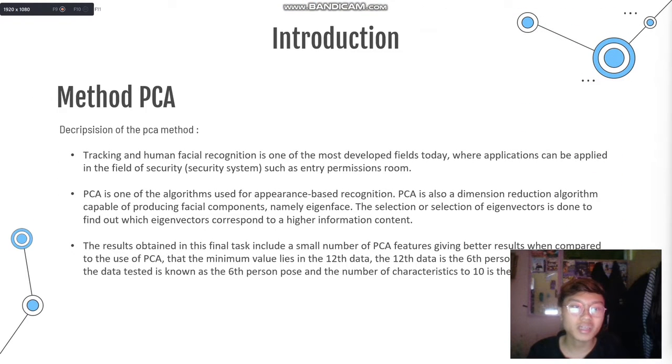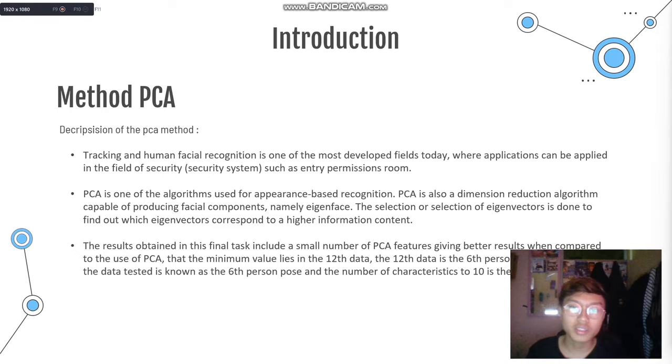Introduction, method PCA, description of the PCA method. One, tracking and human facial recognition is one of the most developed fields today, where applications can be applied in security systems such as room entry permission. Two, PCA is one of the algorithms used for appearance-based recognition.